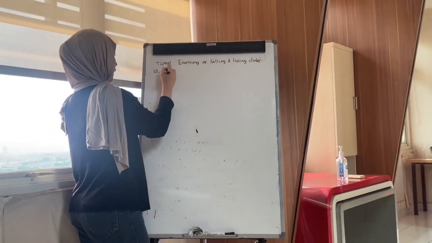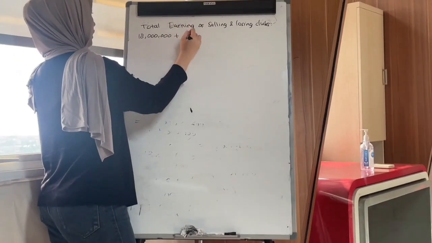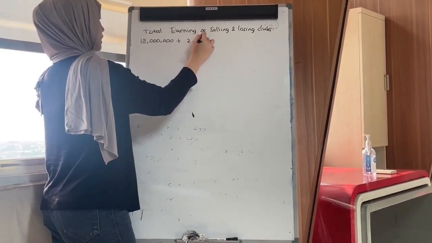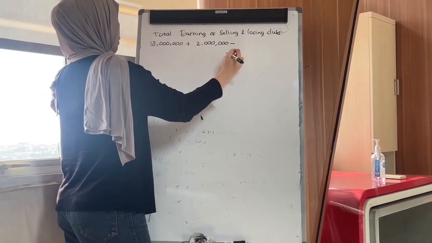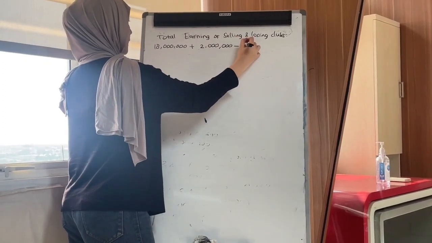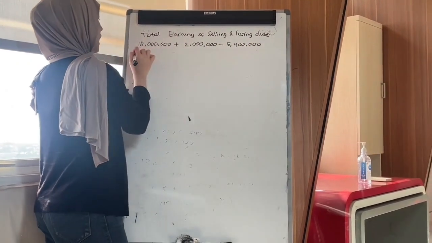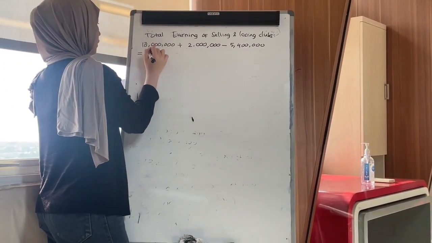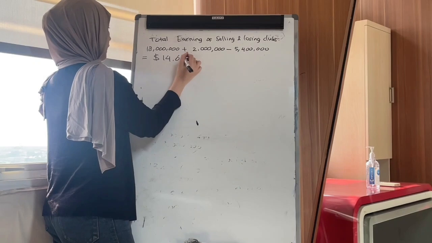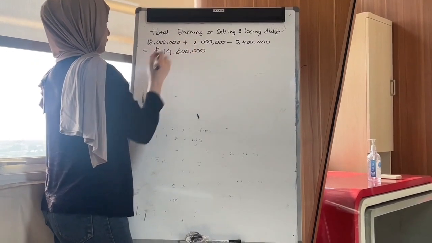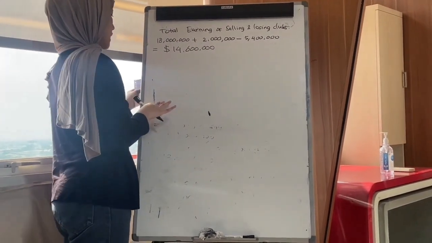We have $18 million, plus the additional selling of $2 million, and then we deduct the loss from selling of clubs, $5,400,000, and the total is $14,600,000.